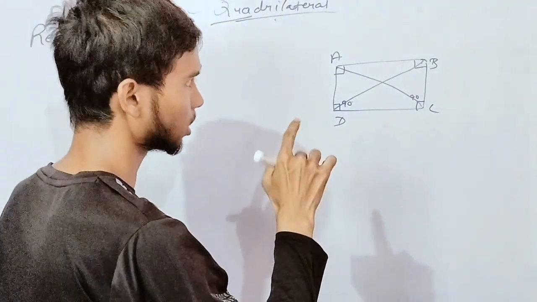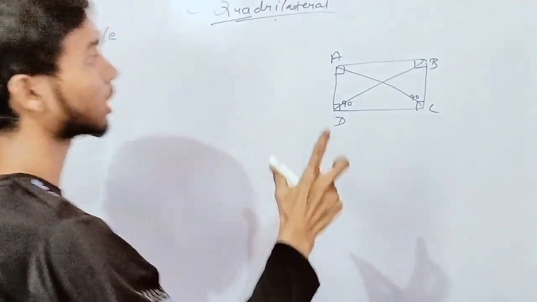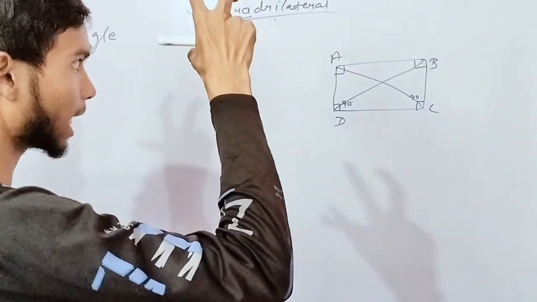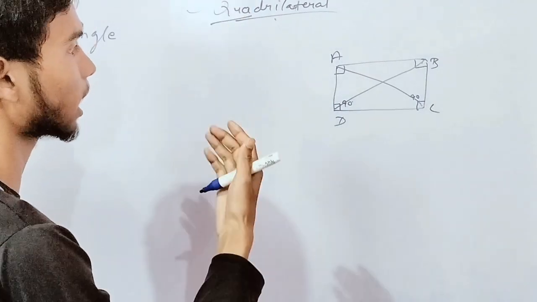At the center, angles are different, but the angles at the vertices are making 90 degrees. Here, AB is parallel to CD. AD is parallel to BC.